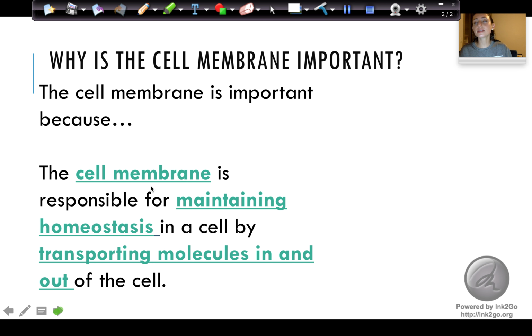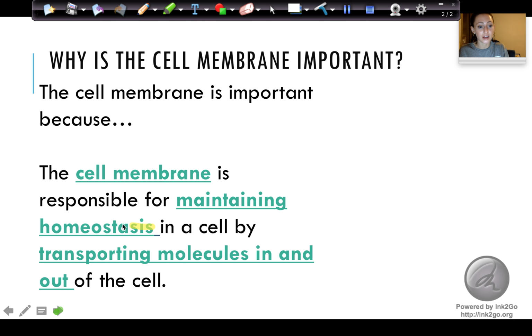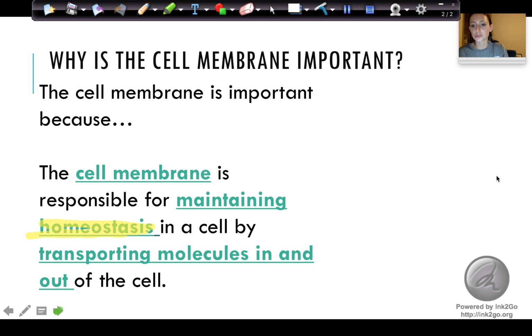All right, so why is the cell membrane important? I've kind of already hit on the point that it transports molecules in and out, but we have a new word here that might not be familiar, homeostasis. Okay? I don't want you to get too confused on this. Let me draw you in a picture what homeostasis really means. We've all seen this seesaw.